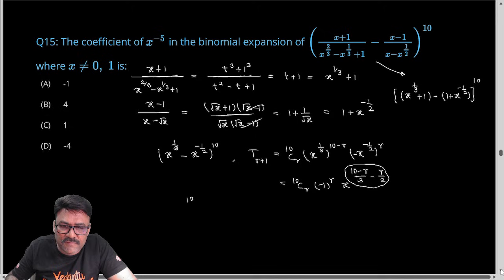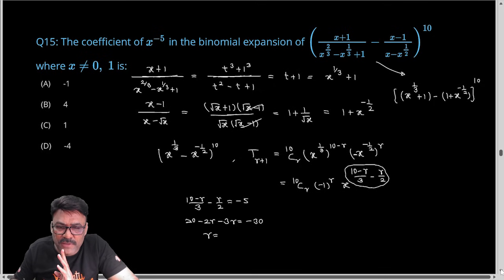So 10 minus r by 3 minus r by 2 must be minus 5. Let's solve it. So it is 20 minus 2r minus 3r is equal to minus 30. So this gives you r is equal to 20 plus 30, 50, divided by 5 actually.